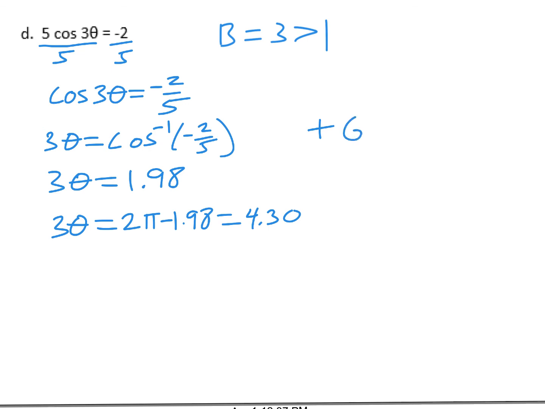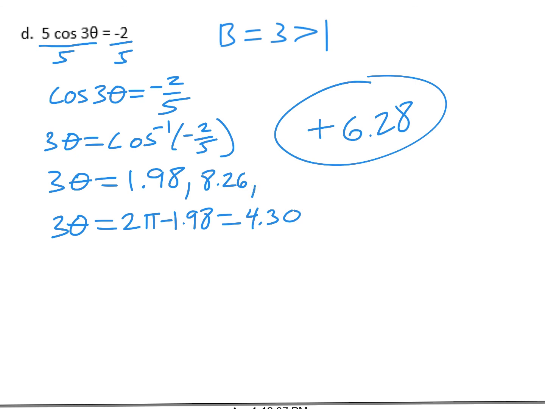We're talking decimals right now. So we add 2 pi, so I've got to add 6.28. 8.26 and 14.54. 4.3, 10.58, 16.86.